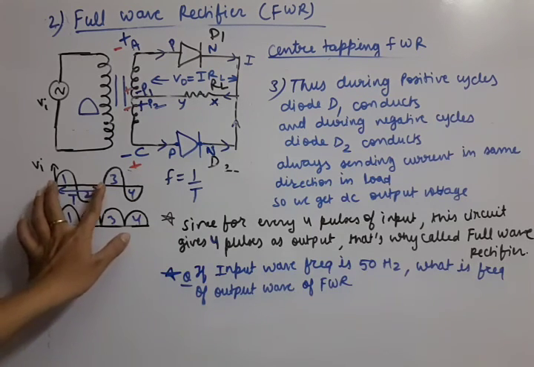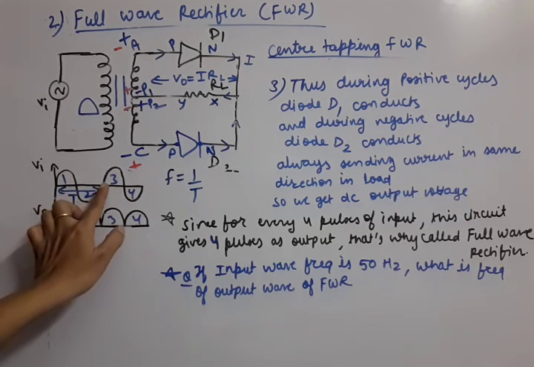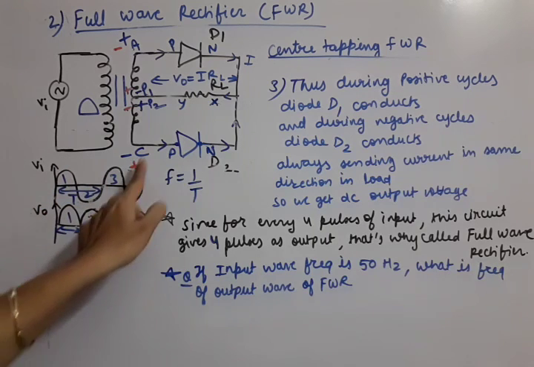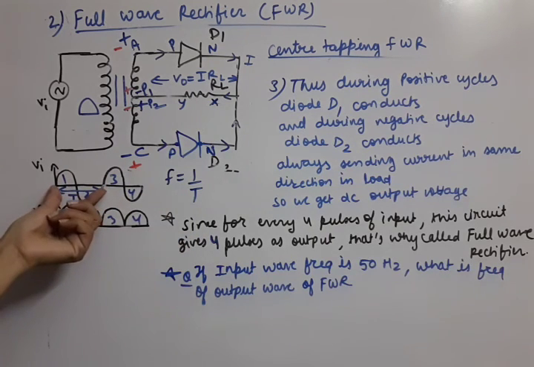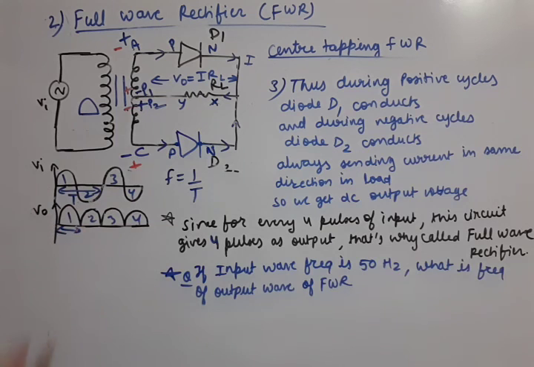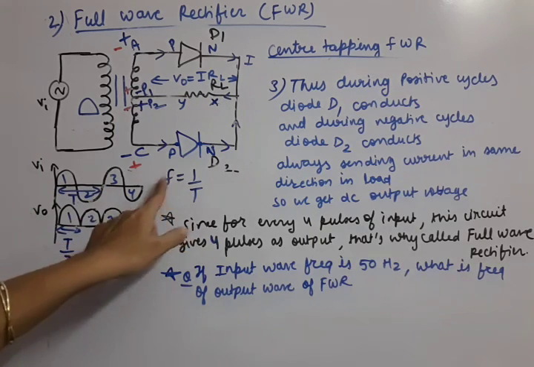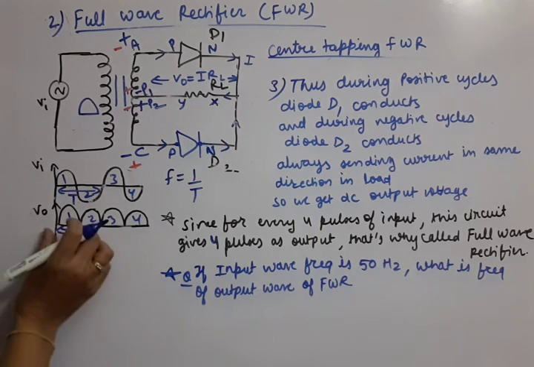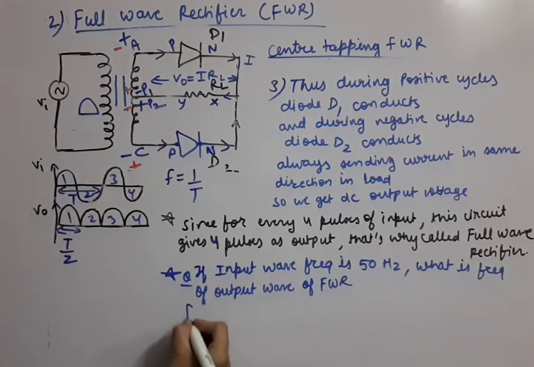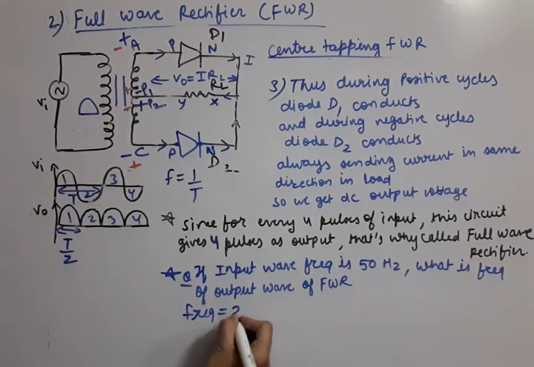Okay, so you can see earlier this was one complete wave, then next was starting, so this complete was time period. Now you can see this time period has been reduced. You can see time period has become just half of the previous time period. So if time period is reduced, frequency will increase because they are reciprocal. So time period has become half, that means frequency of the output wave is doubled.